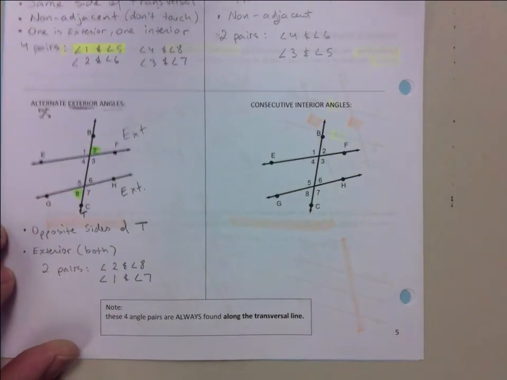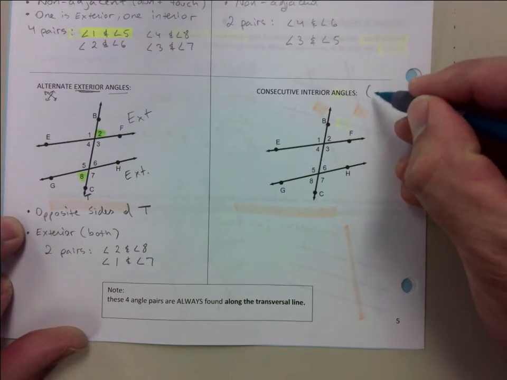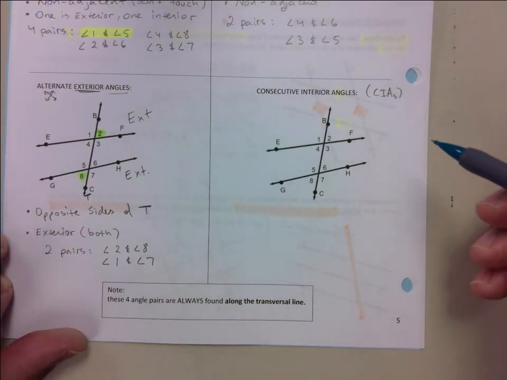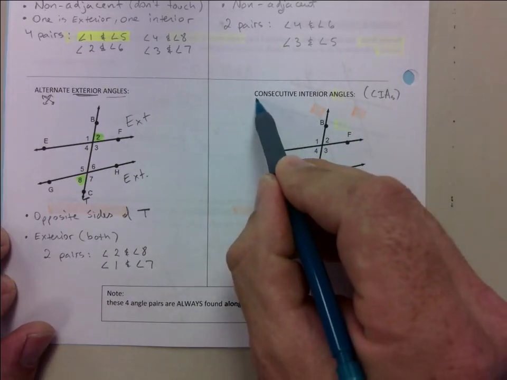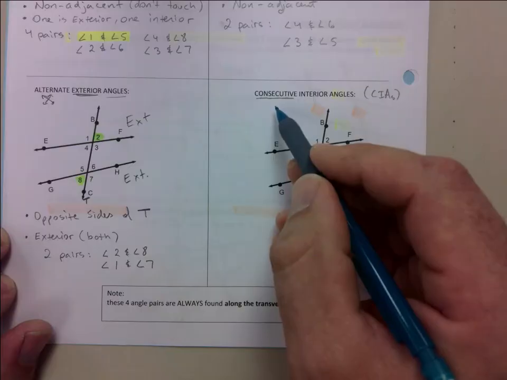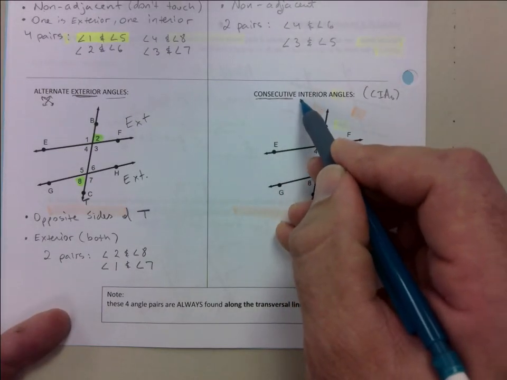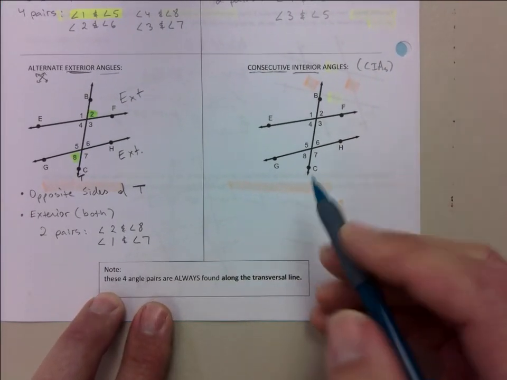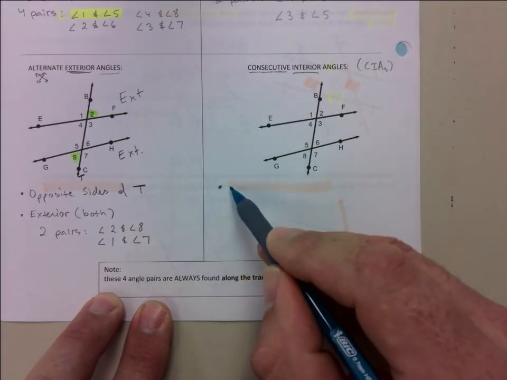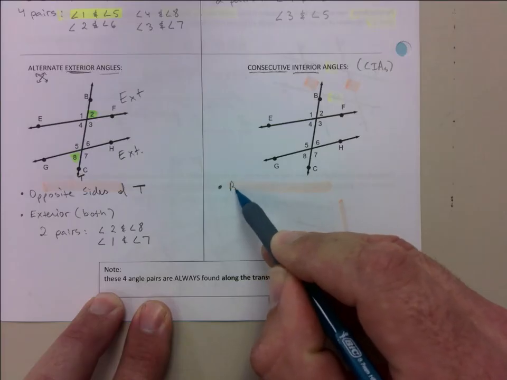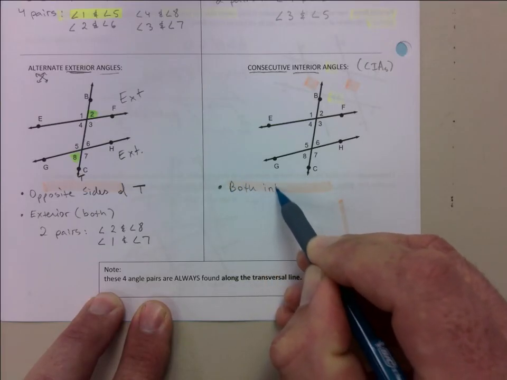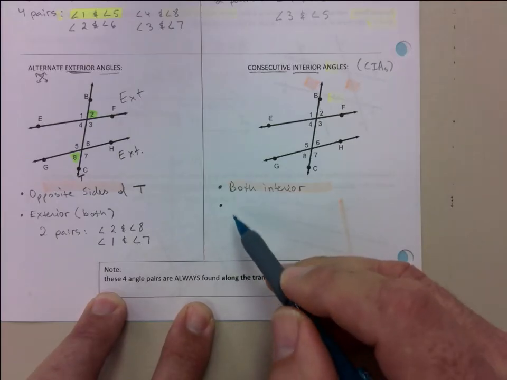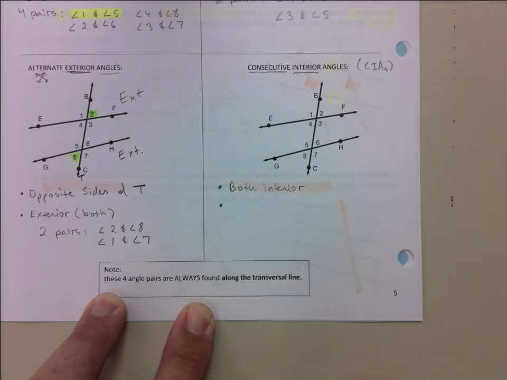And last but not least, I call them the CIAs. In short, consecutive interior angles. Consecutive means they're adjacent, they're right next to each other. And interior, of course, they're both on the inside. They are both inside. They are actually non-adjacent, sorry.